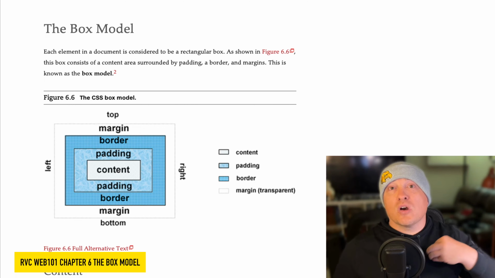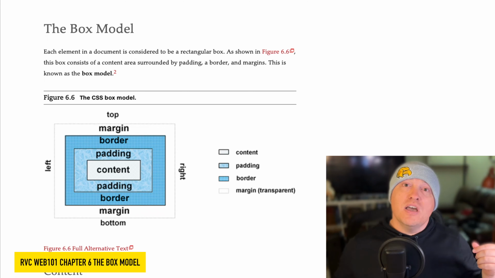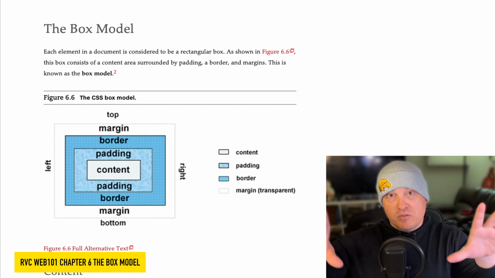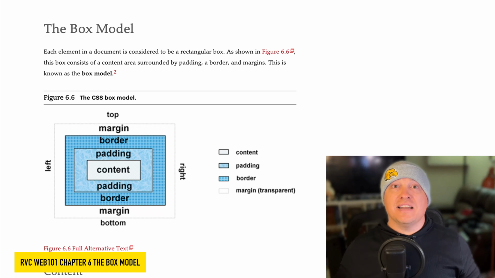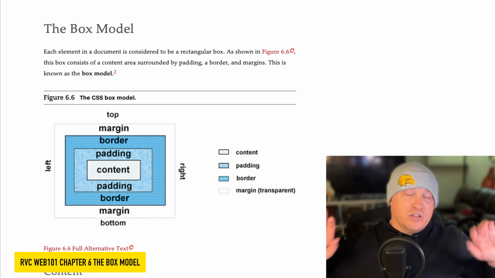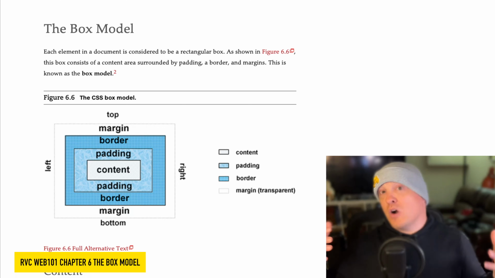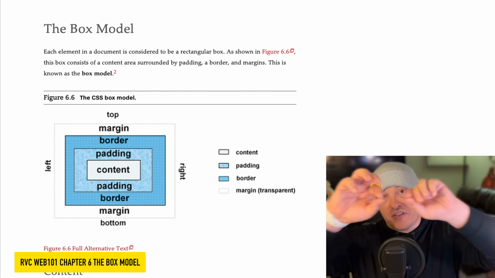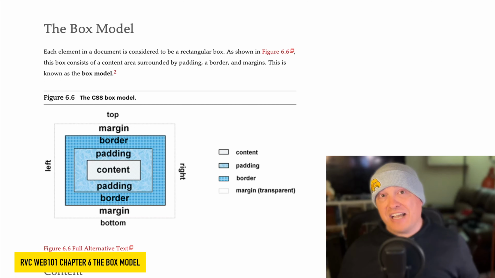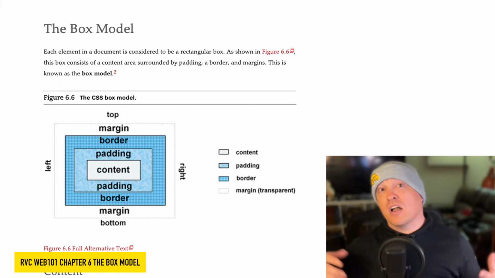closest to your content, next comes padding. The padding is the amount of space that surrounds your content. Next is the border. Use these very, very sparingly. Border goes around the padding that you have. So your border can be a solid line, a dashed line, a color.